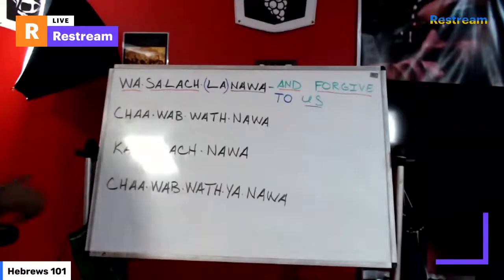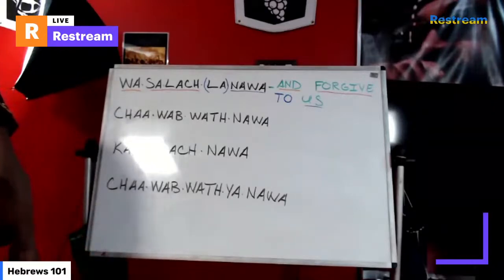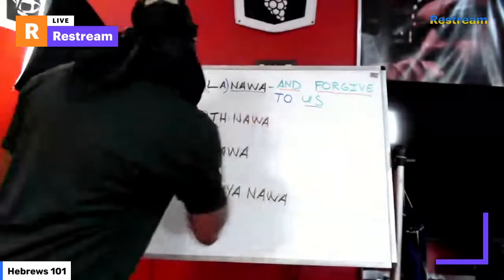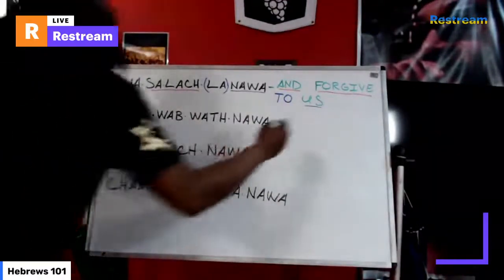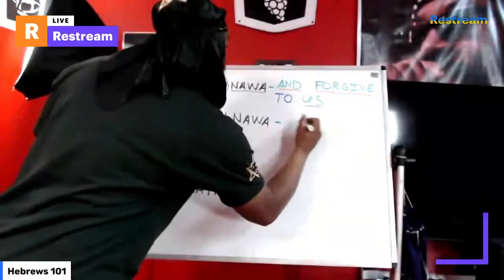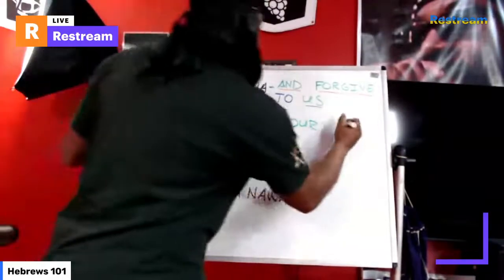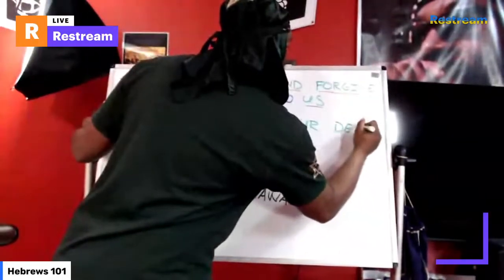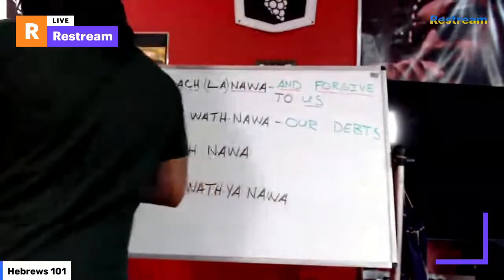Okay? Next we have Kawa Wafnoa. Kawa Wafnoa. All right? And forgive us what? Our debts.